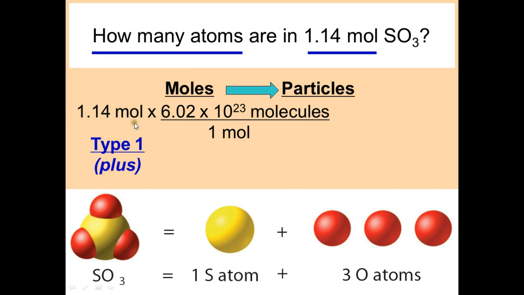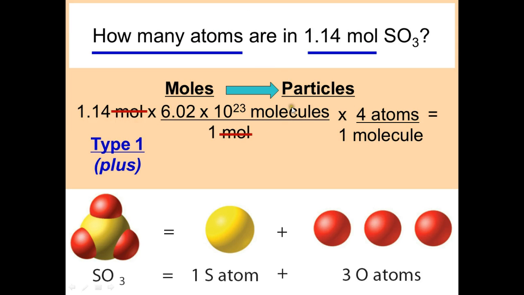So 1.14 moles cancels, and then 6.02 times 10 to the 23rd is 1 mole, so 1.14 times this in parentheses gives you a number of molecules, but it's asking how many atoms are in there.